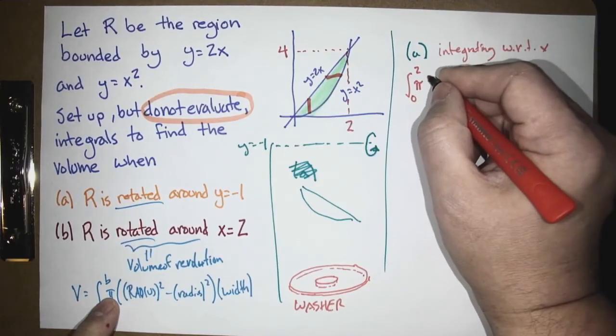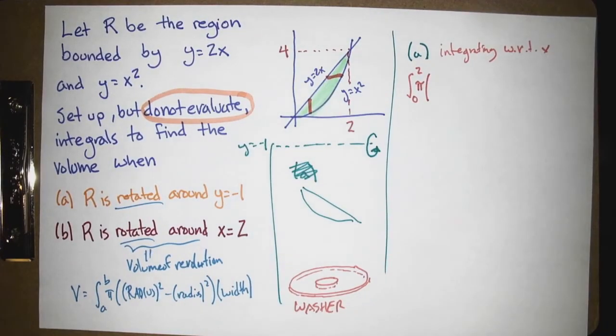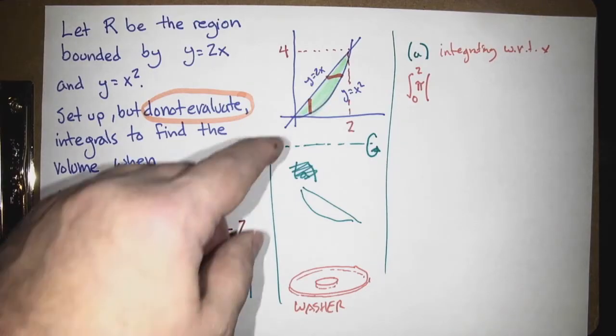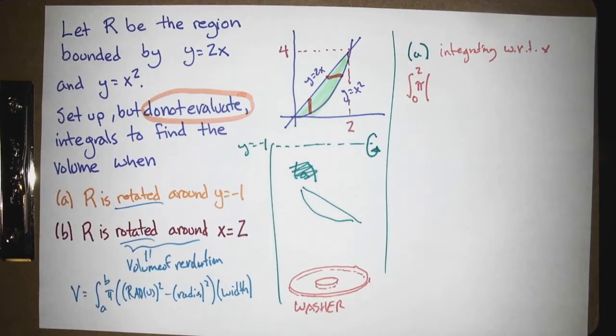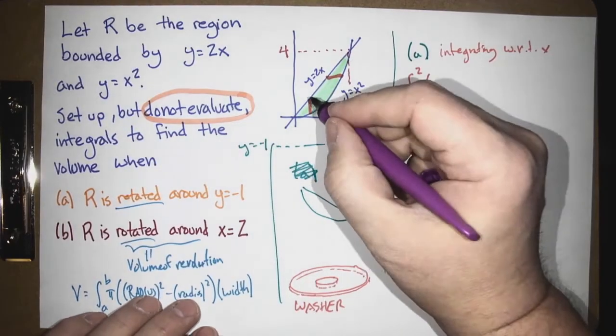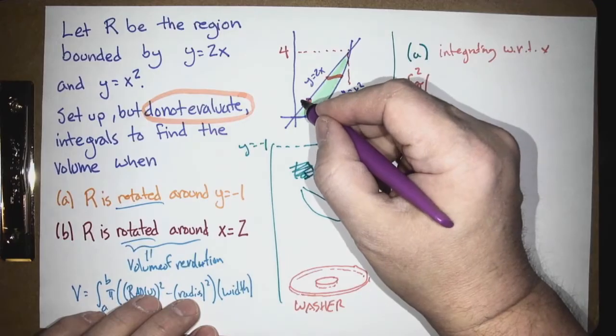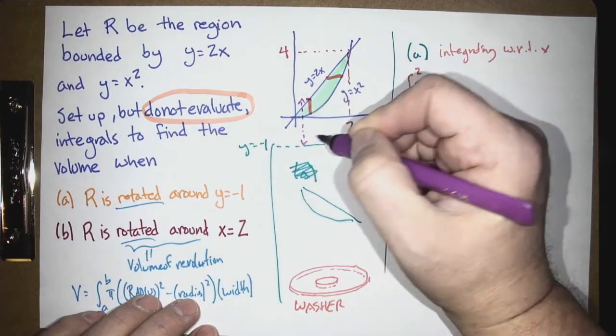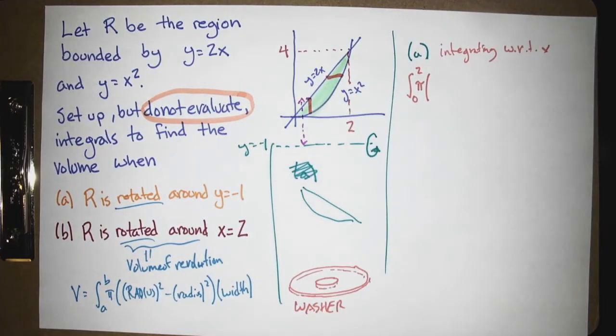Okay, now, big radius. Be careful, it's not going to be 2x. What will it be? Well, it's this length here, from the furthest curve out to the line you spin around.